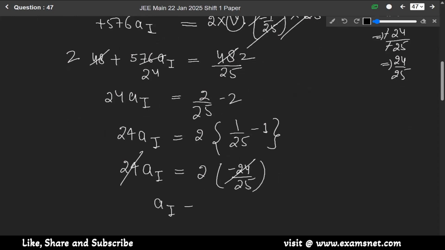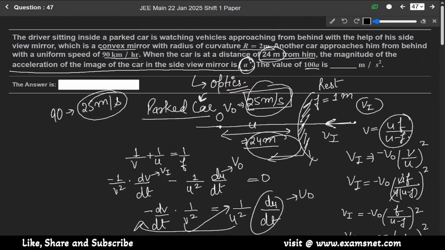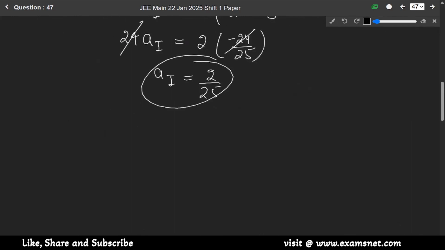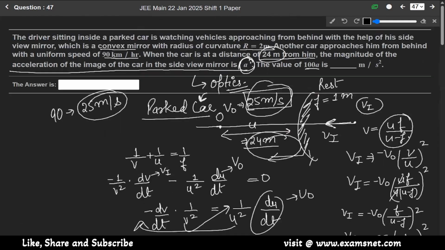So ai is equals to 2 over 25. If we take only magnitude, ai is 2 over 25. And we have to find the value of 100a. So 100 into 2 over 25, 25 fours are 100. So it will be 8. So 8 meter per second square is our answer.